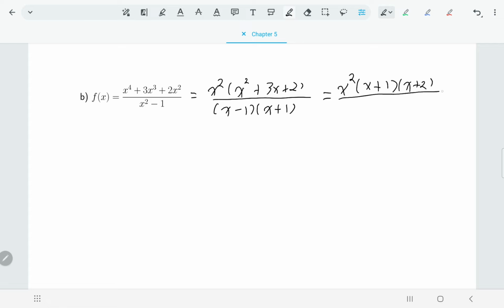And then it looks like I can do a little bit of canceling of those x plus 1s. So it looks like in simplest terms, I'll have x squared times x plus 2 all over x minus 1.